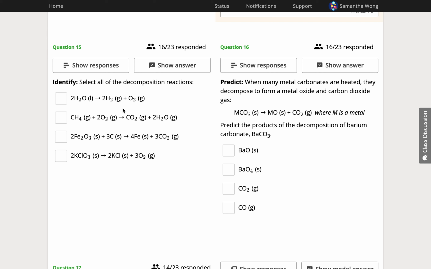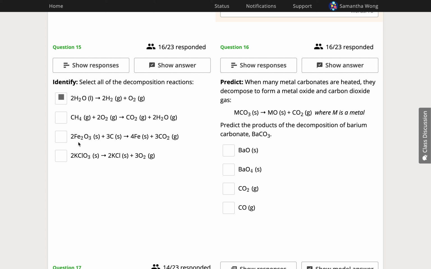That could be one. If we look at this one here, CH4, methane gas, plus 2O2 gas, break down to form CO2, so carbon dioxide gas, plus 2H2O gas, so water vapor. It cannot be this one because you start with 2 reactants, and we know decomposition reactions are starting with 1 reactant, so it cannot be this one.